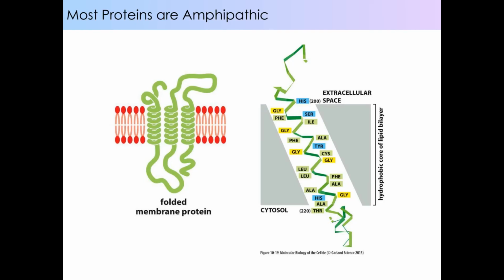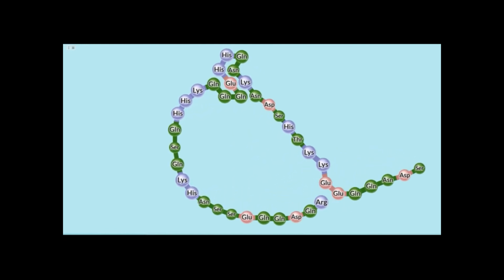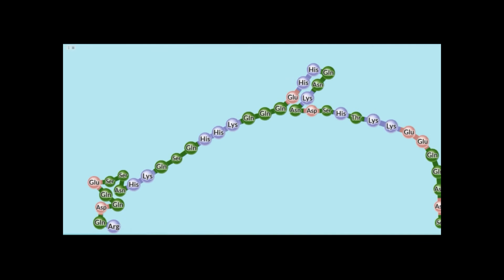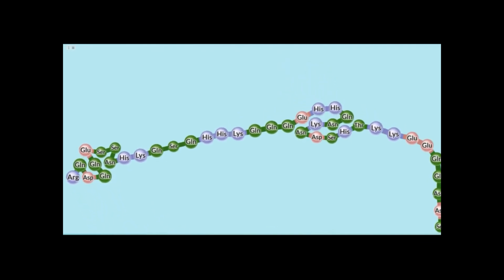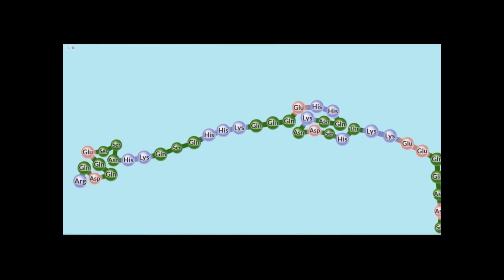And even membrane proteins are amphipathic, since the loops that are located outside of the cell and within the cytosol are composed mostly of hydrophilic amino acids, whereas the transmembrane segments are composed mostly of hydrophobic amino acids. On the other hand, if a protein was composed only of hydrophilic amino acids, the protein would remain in a highly extended conformation, as this would maximize the interactions of hydrophilic amino acids with water.